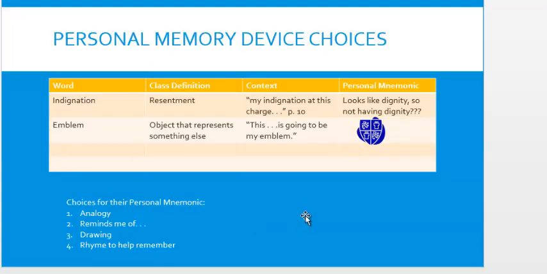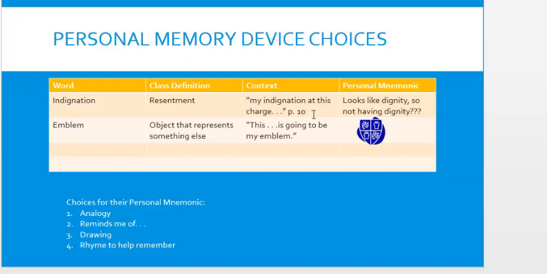So here's an example of what I was just sharing with you about the personal memory device choices. We had the word indignation. I just picked these out of a novel that I used to teach. Indignation, the definition is resentment, as in "my indignation at this charge," and they could look it up on page 10 to see the full sentence. I didn't expect them to write out the whole sentence.